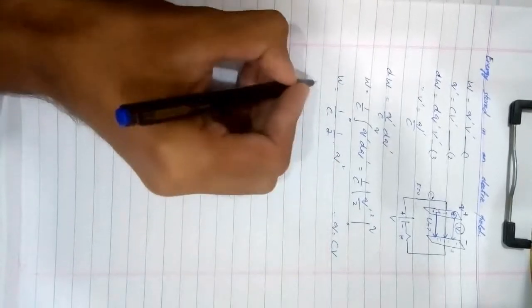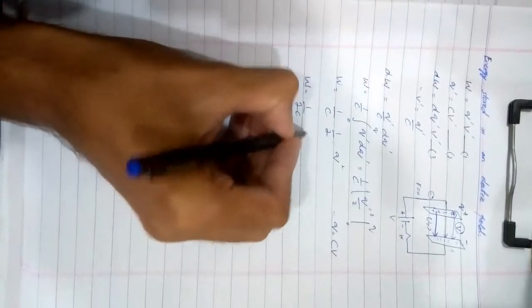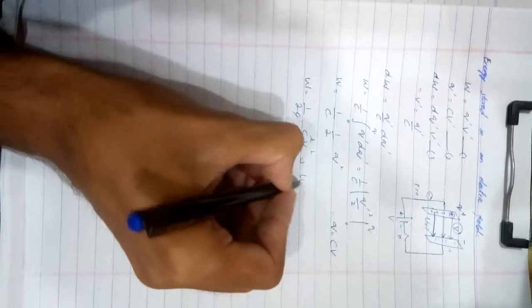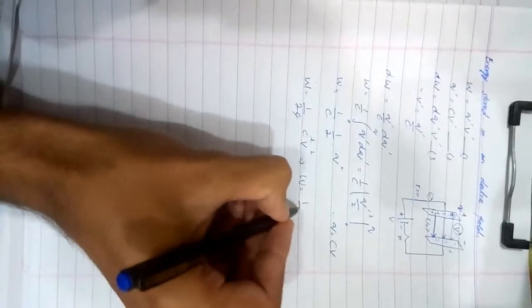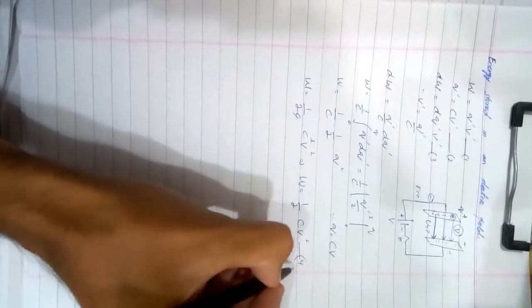We also know that Q equals CV, so by putting this value in this equation, we have W equals 1 over 2 C square V square over C. C is cancelled and we have work equals 1 over 2 C V square, say equation 4.